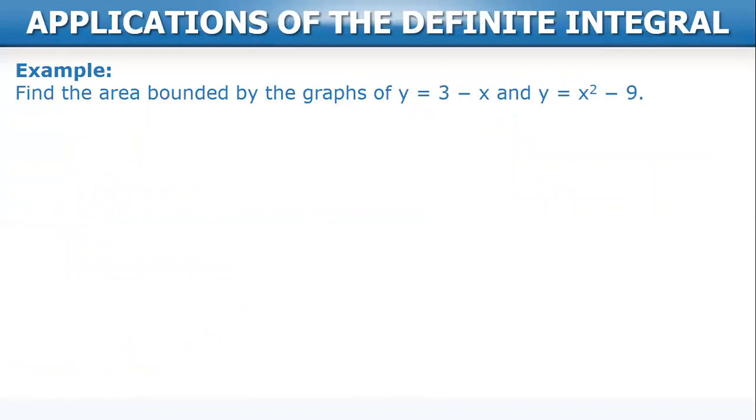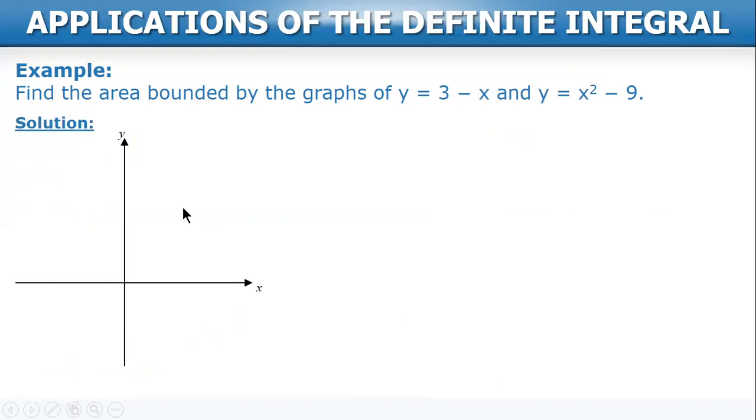Another one. Find the area bounded by the graphs of y equal to 3 minus x and y equal to x squared minus 9. Okay, so the first function is a line and the second is a parabola.